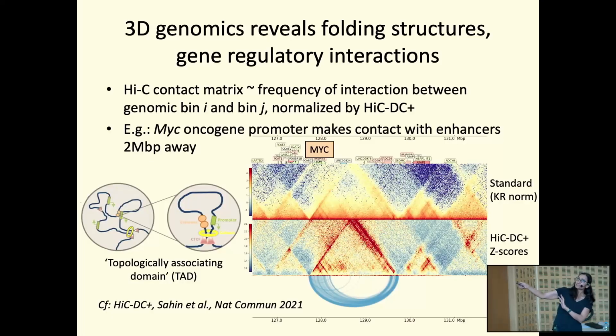But we actually process the data in a different way. We use a statistical background, negative binomial regression for a background model, and we can estimate the significance of these contacts. And then you can start drawing loops like this, like a graph. And we can see that, so this is actually the MYC locus. It's an oncogene. And it's very famous for having enhancers that are 2 megabases away. And you can see those enhancers and you can see those contacts.